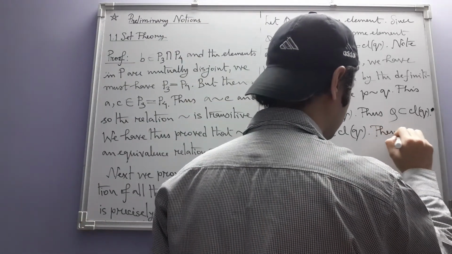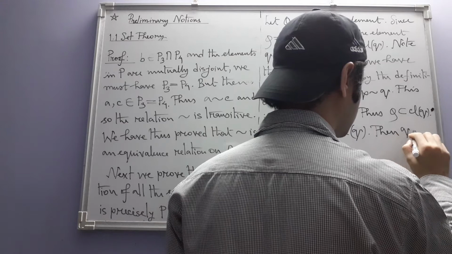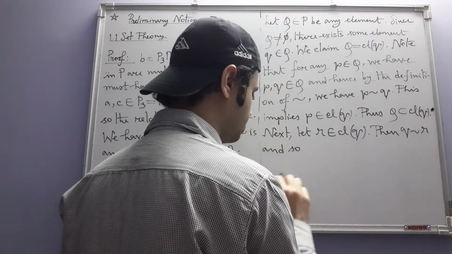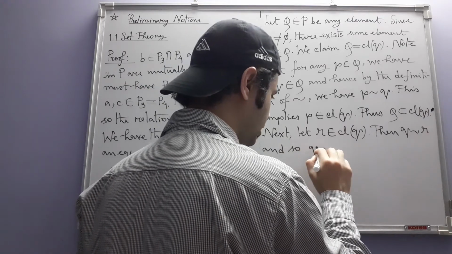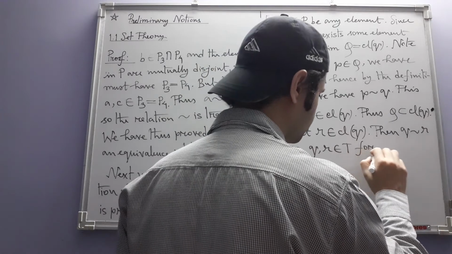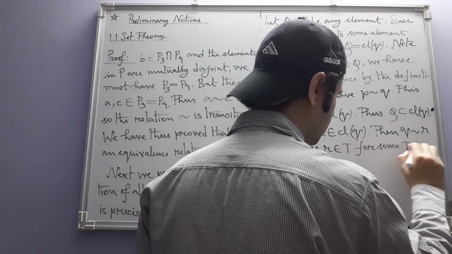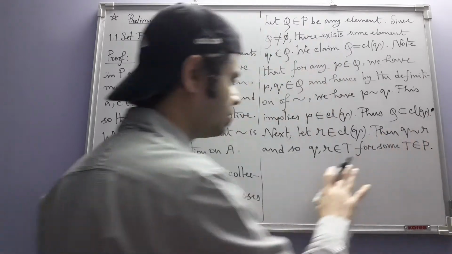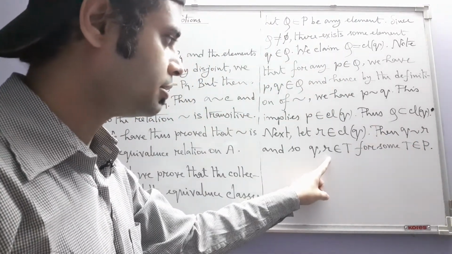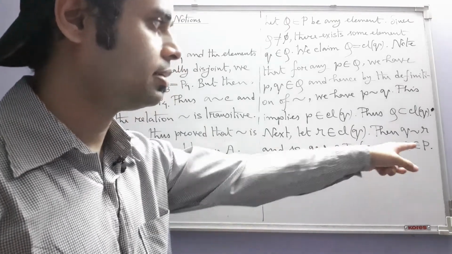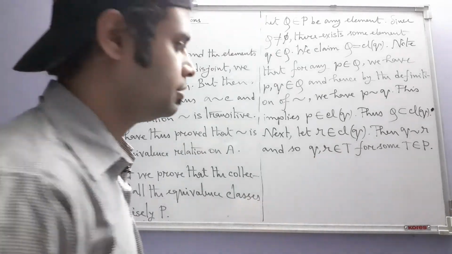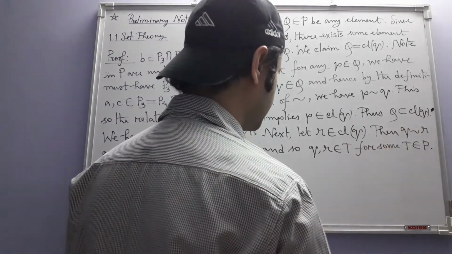Then q is related to r, and so q and r both belong to T for some T belonging to P. This is by applying the definition of this relation. Both of these elements belong to the same subset occurring in P. We don't know what this T is, but there is some T, since these two are related.